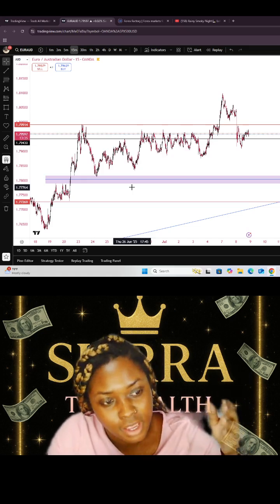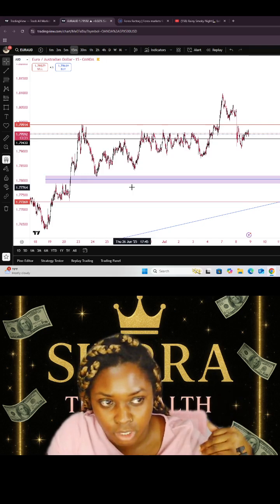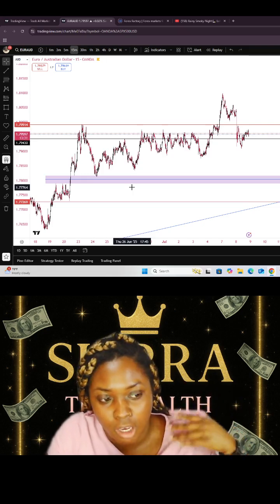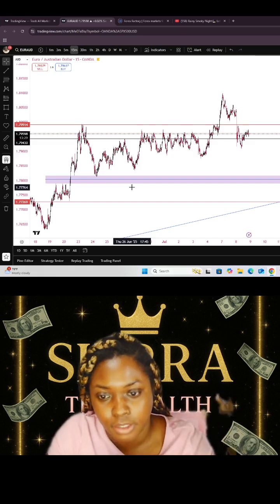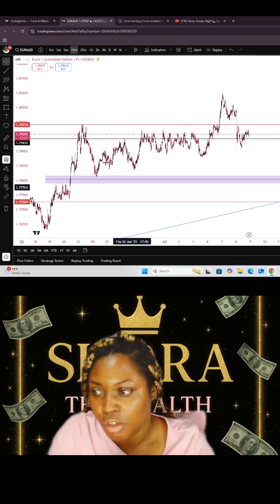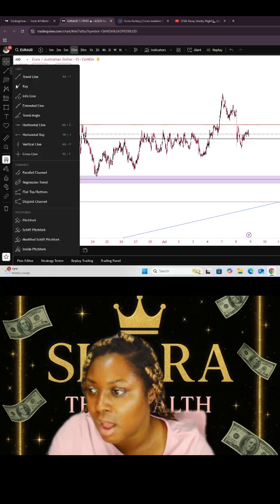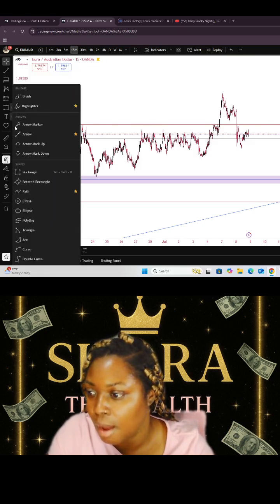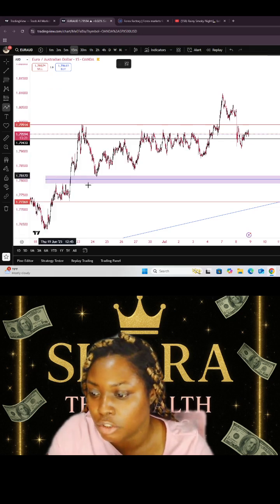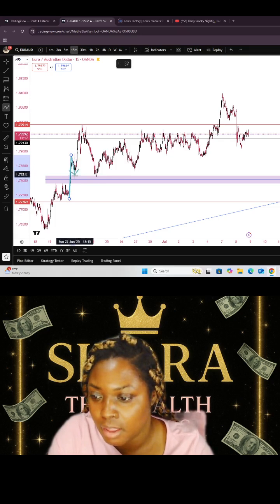Structure in a downtrend is lower highs, lower lows. So on my uptrend here on Euro, I'm looking for my break of structure. Here we had higher high, higher low, higher high, higher low, higher high, higher low.